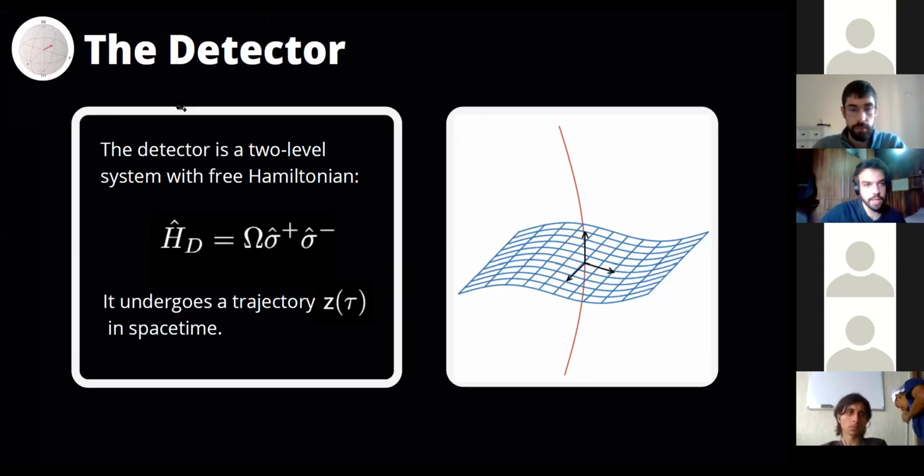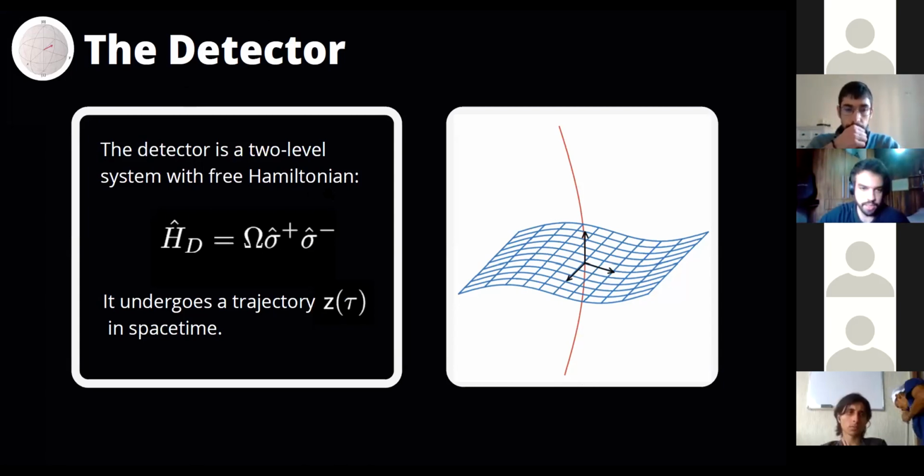But yeah, so we need three ingredients, right? The detector, the quantum field, and the interaction. So the detector is a simple two-level system with the free Hamiltonian that only has the energy gap. So I assign energy 0 to the ground state, energy omega to the excited state. But we'll see that in the end, everything only depends on the gap, so it doesn't matter.